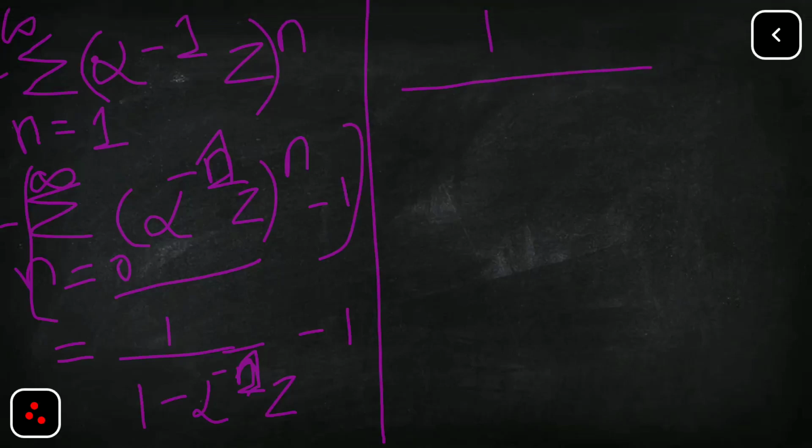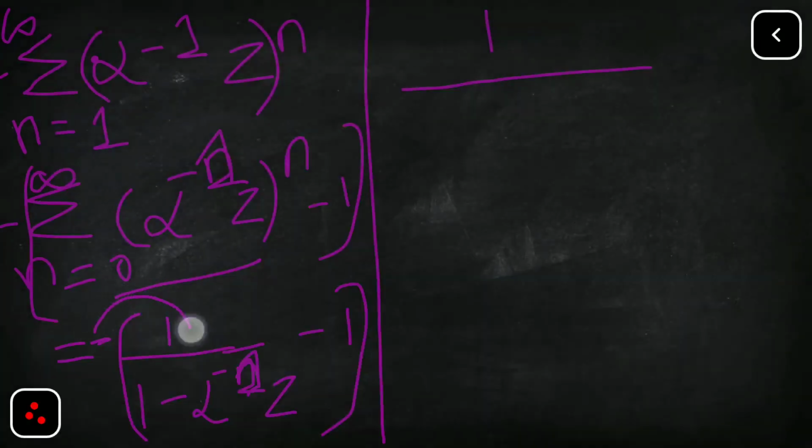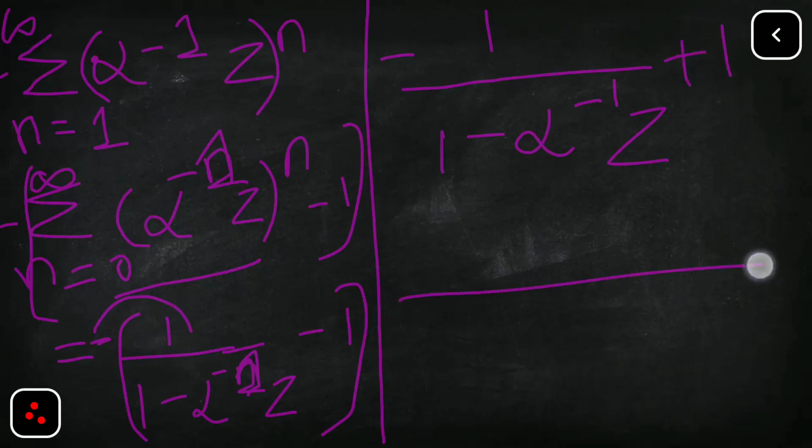Here it was a minus, and you multiplied this minus to both, and you got minus 1 by 1 minus alpha to the power of minus 1 z, plus 1, and you got the resultant like this.